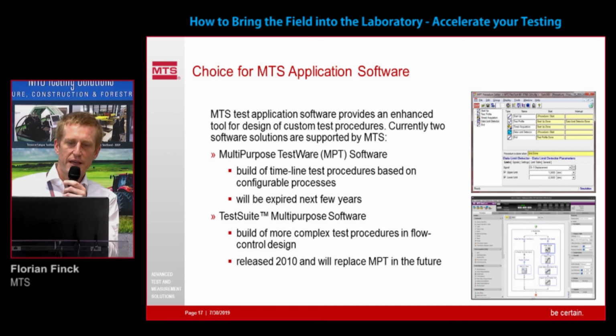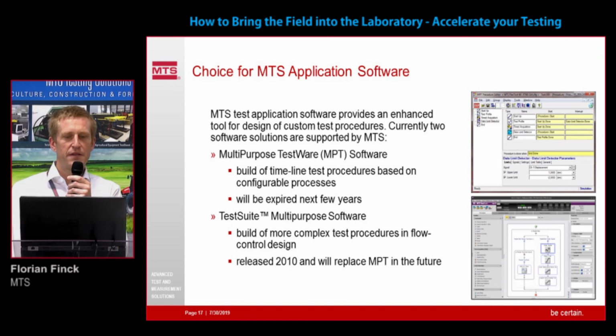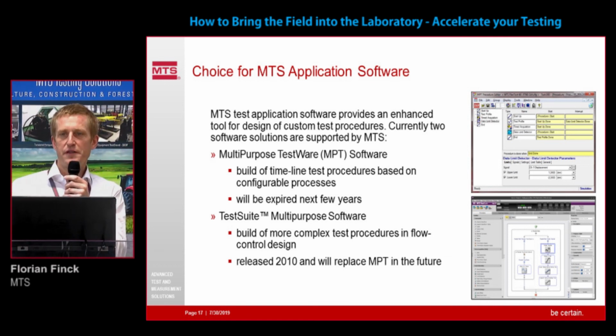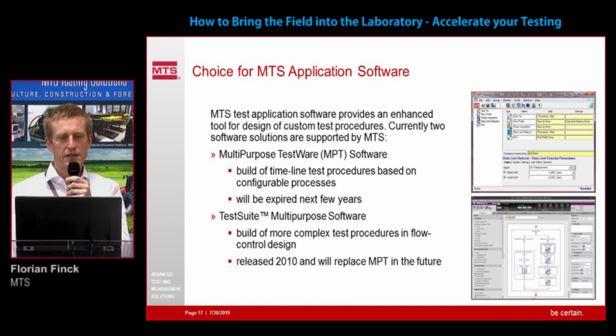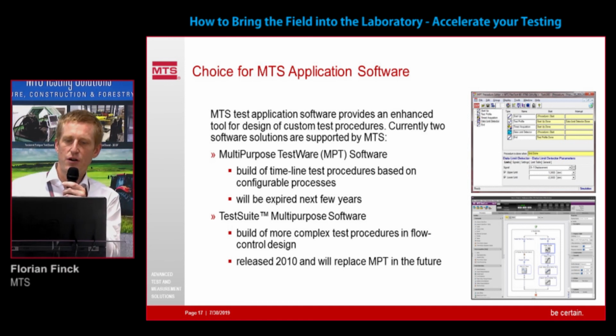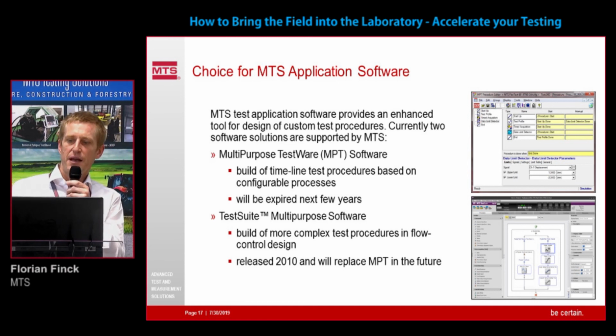The new application software that's eventually replacing MPT in the future, once all the features are implemented in the software, is the multi-purpose software test suite. This is built to cover more complex test procedures, and the logic that we're using in the test suite software is more like a flow control design.